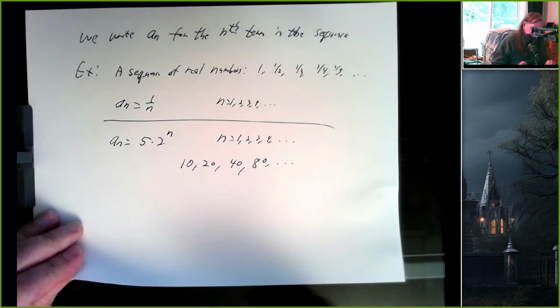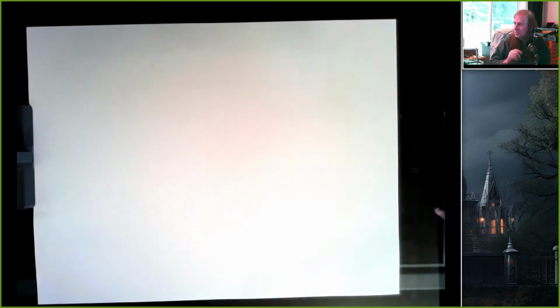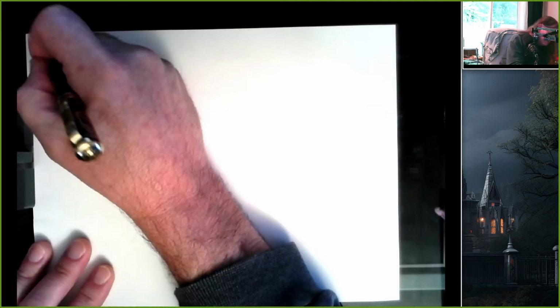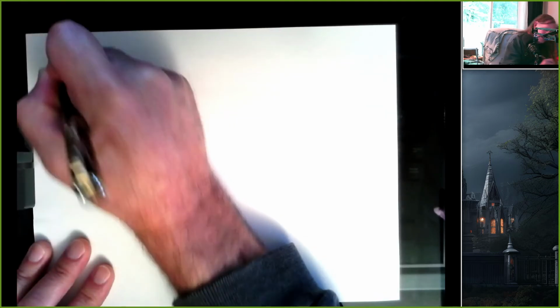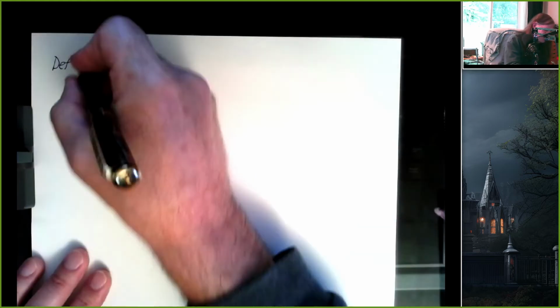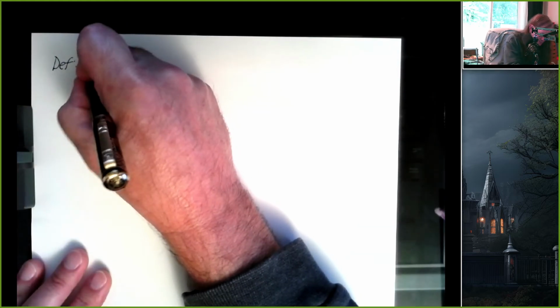All right. The reason we're interested in sequences is because of something called a recurrence relation. And this is a pretty major concept that we'll talk about a lot.